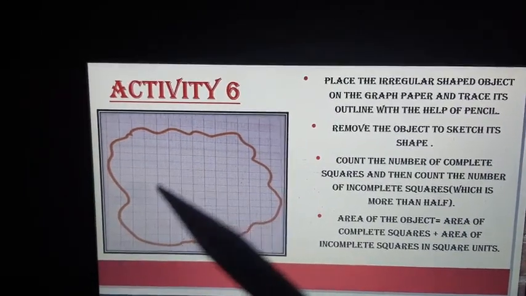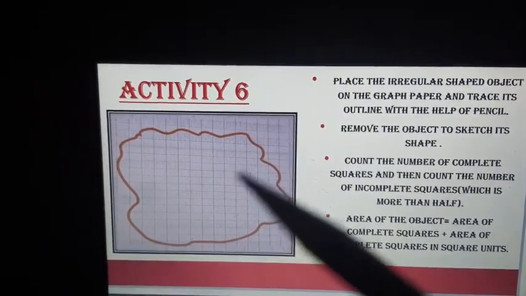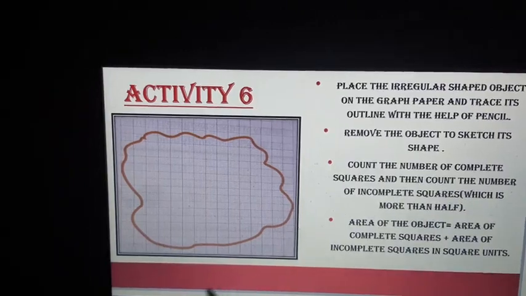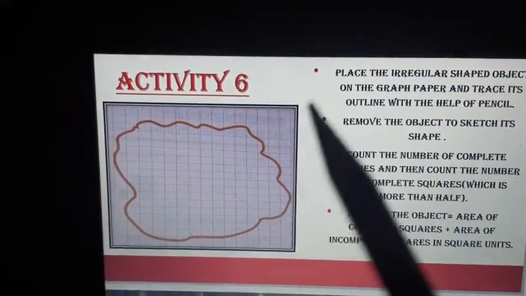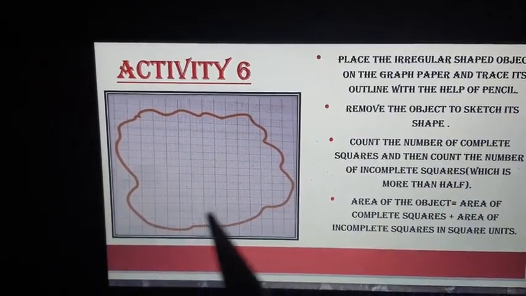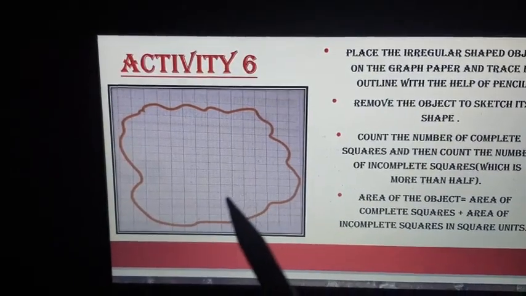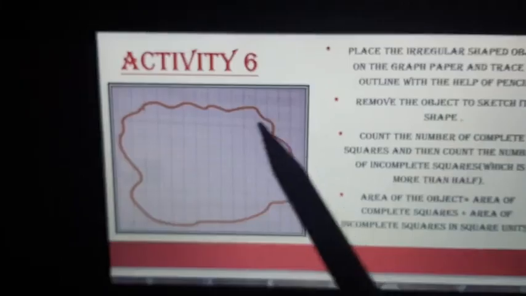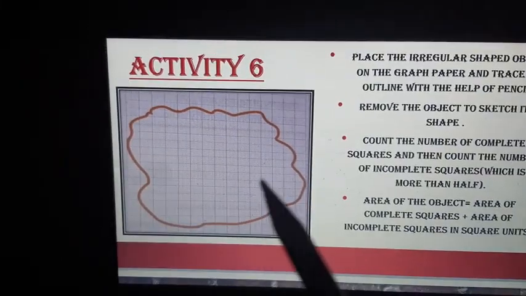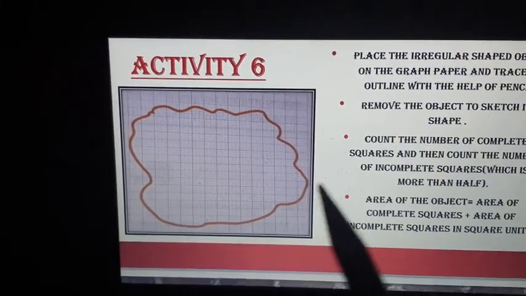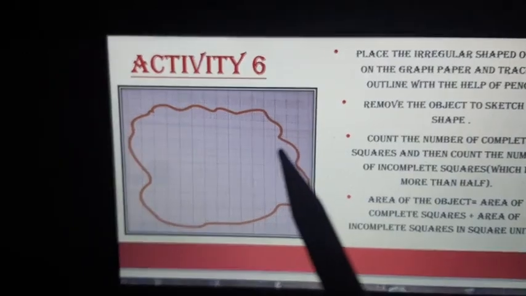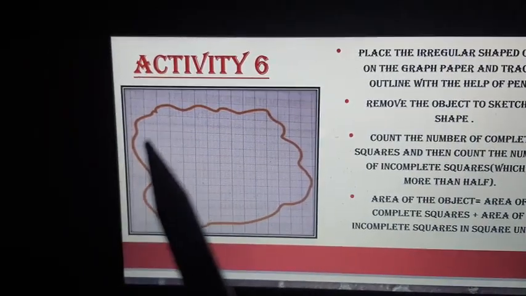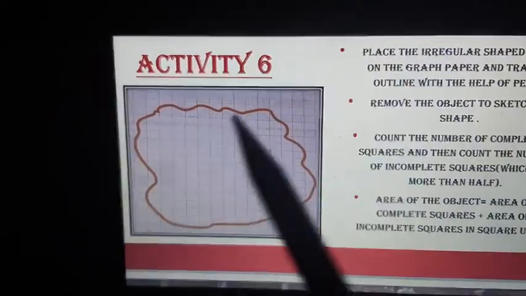Then we are going to take the object away from the graph paper and trace the lines properly on this graph paper. Now you will see that you have a number of full squares over here. So count the squares which are complete in nature. Secondly, you are going to count those squares which are more than half contained in this figure.